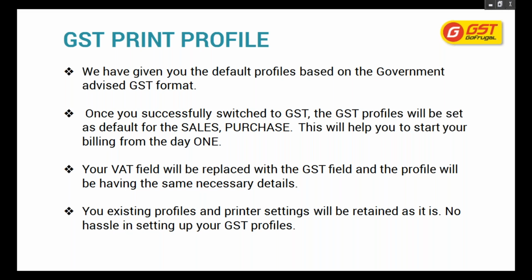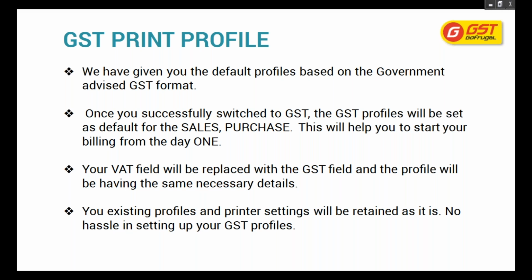If you are a restaurant customer, then the 3-inch profile, A4 profile, A5 profile, 4-inch profile, 6-inch profile, everything is given. If you are a retail APA 7 customer, then similarly 3-inch profile, 4-inch profile, 6-inch, sales A4 and sales A5, and the dot matrix 80 column printer.